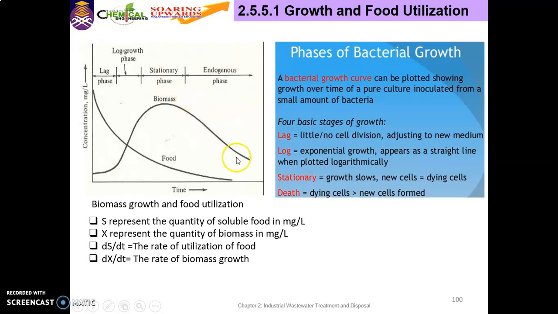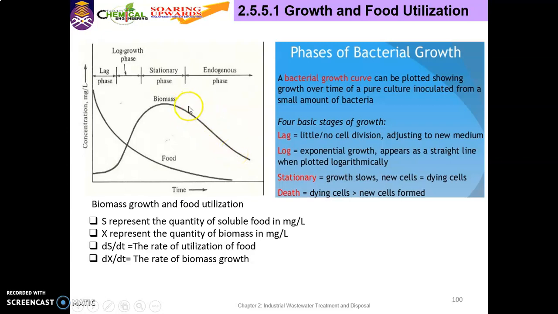This is where the dying cells are more than the new cells formed, also called the death phase. So the biomass slowly decreases, as does the food supply. Since the food supply has run out, the biomass will decrease.